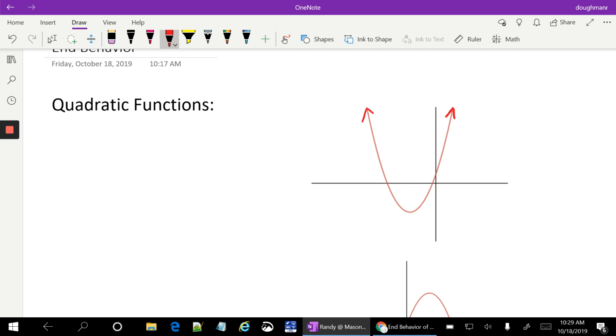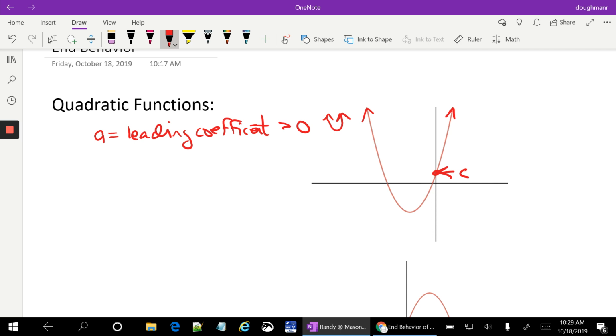So the way we describe this, first off, we realize in this case that a, the leading coefficient, is greater than 0, positive. So if the leading coefficient is positive, then the graph of the quadratic opens up. And we'll talk about what happens when a is less than 0. The next thing we know is that the point right there is the value of c. The y-intercept is c.